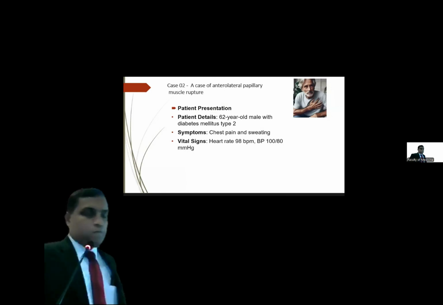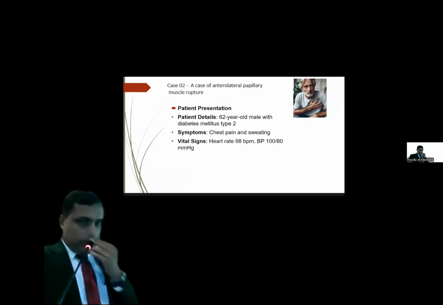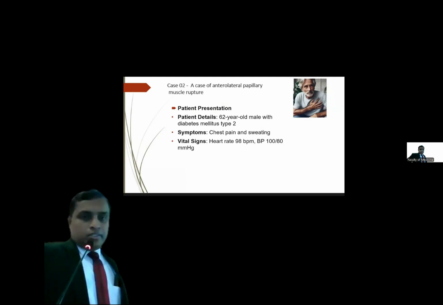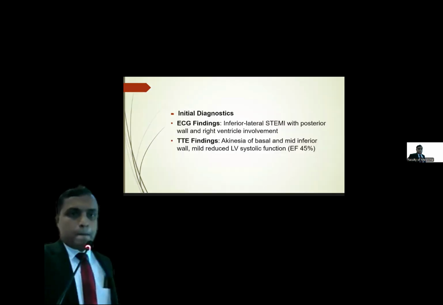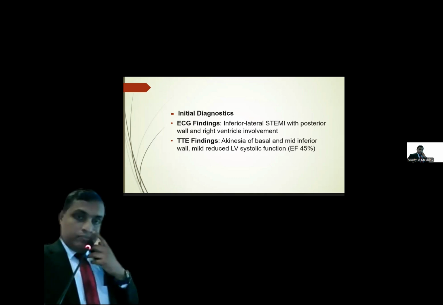Case number 2. This is a 62-year-old male with diabetes mellitus, coming with chest pain and sweating. Blood pressure is all right and the heart rate was 98 per minute. Initial ECG showed inferolateral ST elevation MI with posterior wall and right ventricular involvement.